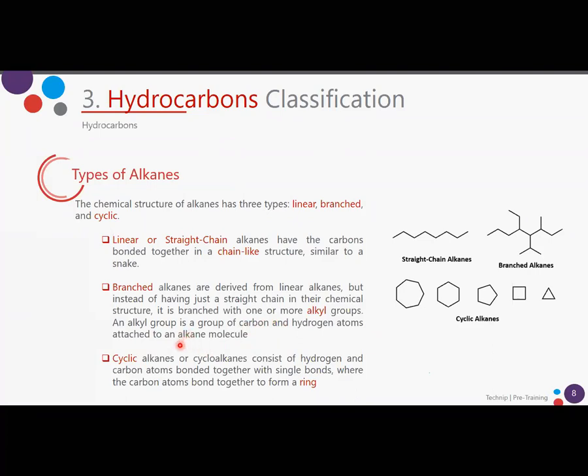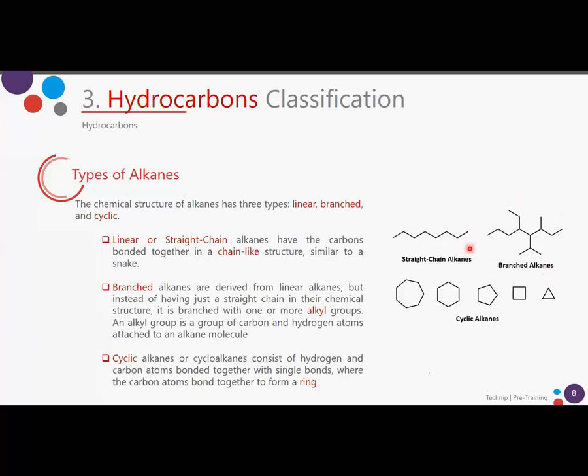The cyclic alkanes or cycloalkanes consist of hydrogen and carbon atoms bonded together with single bonds where the carbon atoms bond together to form a ring. We will see these cycloalkanes later, and remember that they are not the same as the aromatics, so we will see the difference. Here we have some examples of the straight chain or linear alkanes.